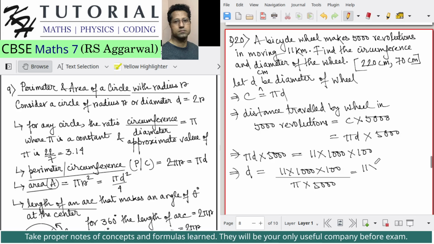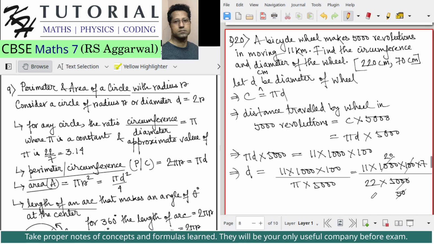Pi, we will take the value of pi as 22 by 7, so it becomes 11 multiplied by 1000 multiplied by 100 multiplied by 7 divided by 22 multiplied by 5000. Okay, so 100 divides 5000 with 50. 50 divides 1000 with 20.